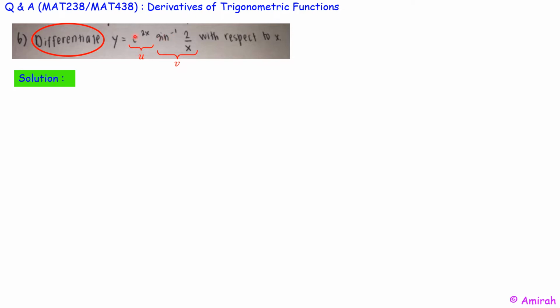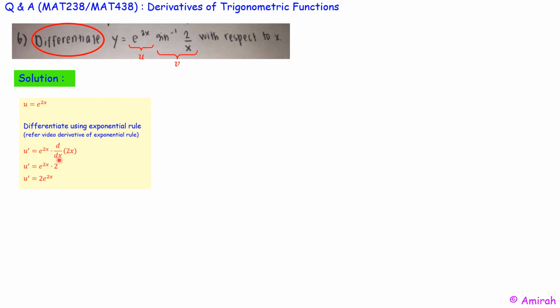After we identify u equals e to the power of 2x, we differentiate to find u prime. When we differentiate e to the power of 2x, we use the exponential rule.